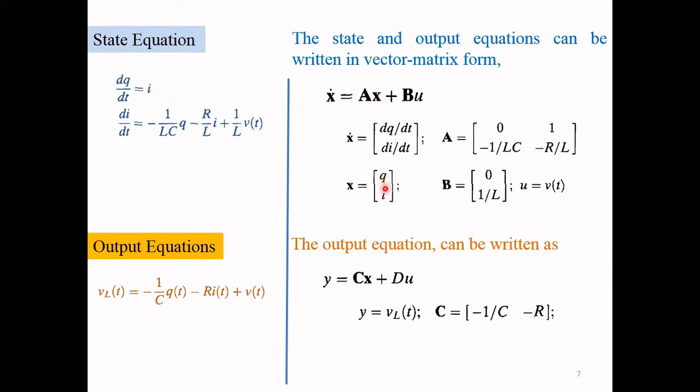These are our two state variables. Because here we have no charge constant, here we have 0, and for current we have 1, minus 1 over LC coefficient and minus R over L will be written here. Here we have no input, so 0 will be written in the first term of the column, and this is the second term, 1 over L will be used here. Similarly, we can make this output equation.